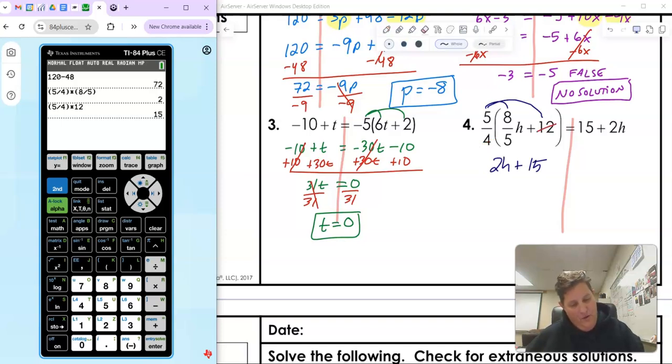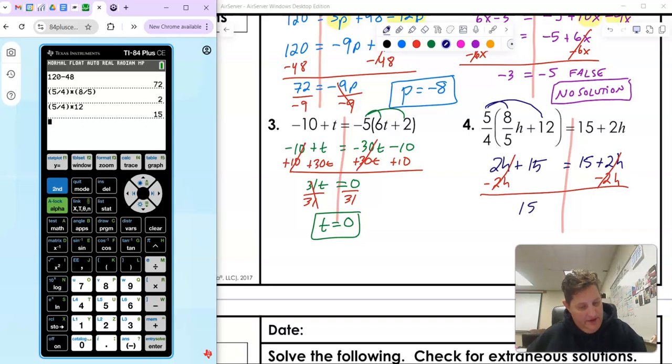Okay? Cool. Alright, on the other side, you might already notice what's going to happen here, but 15 plus 2h. When I go to cancel out my variables, I get a totally true statement. 15 and 15 will always equal each other.